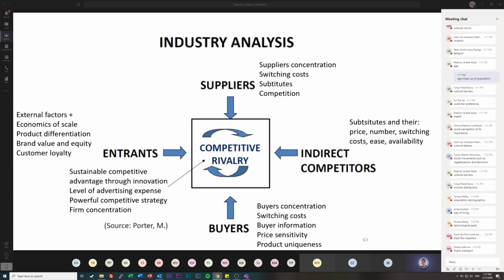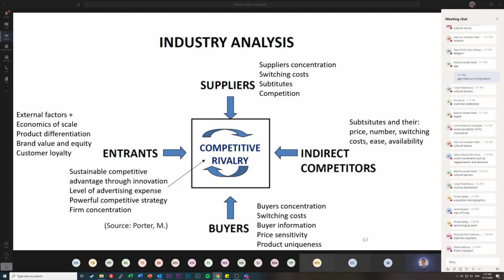It's really big. Switching costs are quite low on average because the majority of cell phones are using the most frequent operating systems, like Apple and Android.